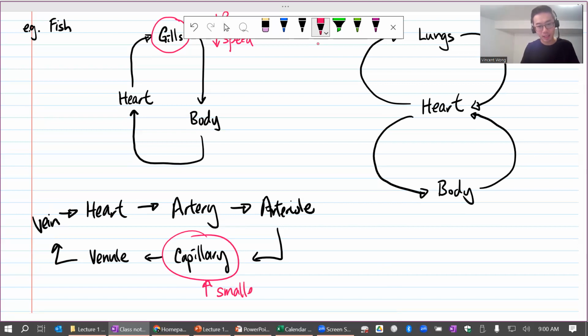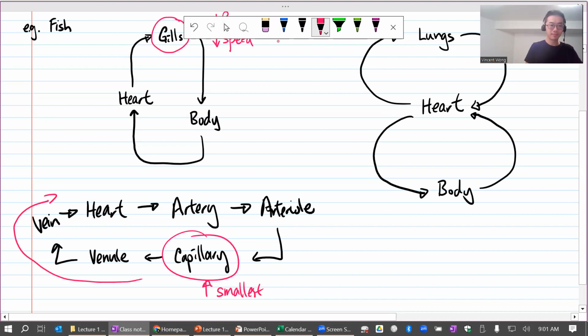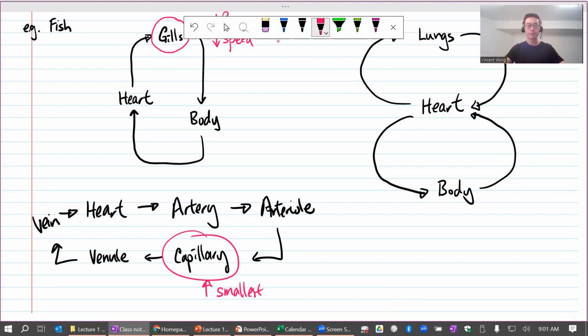And then the capillaries come back together to form the venules, and then venules get bigger and bigger and become the vein. All right. So in this direction it is smaller, smaller, smaller, smallest, and then bigger, bigger, bigger, biggest. Okay? As you're returning to the heart, right? As you go back to the heart, they get bigger and bigger. Good question.